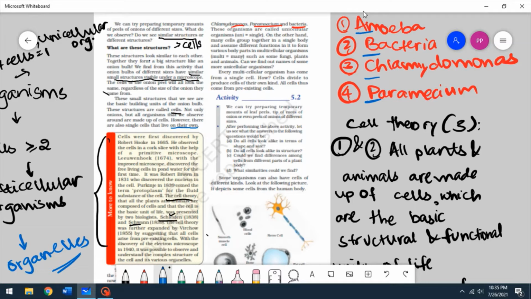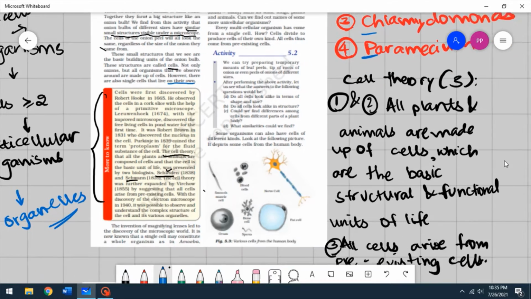Alright, so this is an important distinction that has to be made. Every multicellular organism has come from a single cell. And how is that? We know that cells divide to produce cells of their own kind, the third postulate of the cell theory, and all cells thus come from pre-existing cells.